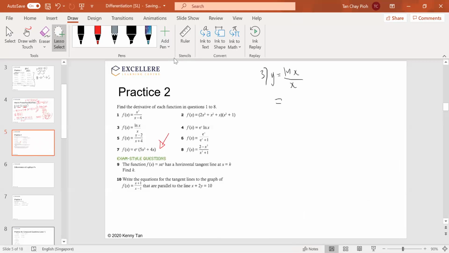No, the x disappears. 1 over x divided by 1. So you get like x basically.